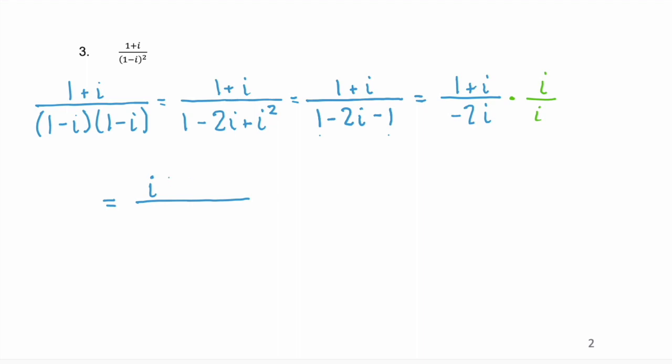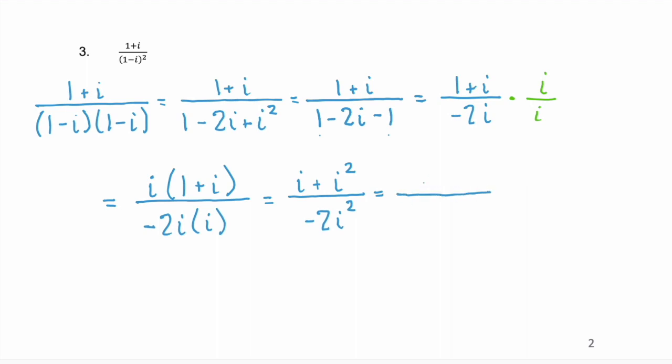For the numerator, we have i times 1 plus i. And the denominator, we have negative 2i times i. The numerator is i plus i squared. And the denominator is negative 2i squared. Let's replace both of those i squareds with their negative 1s.